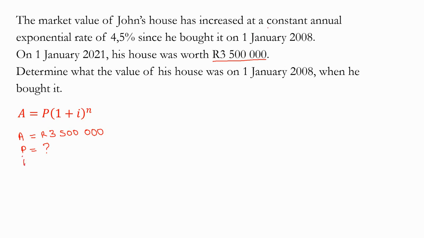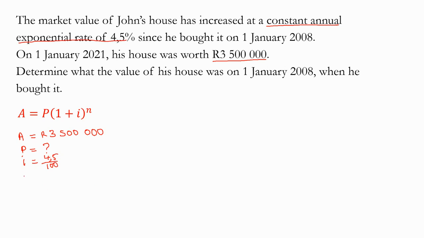It says the constant annual exponential rate. So this is like 4.5% compounded annually. It's just the same thing. So this is 4.5 over 100. You can use a decimal here, 0.045, or you can use the percentage, 4.5%. It's just the same thing.